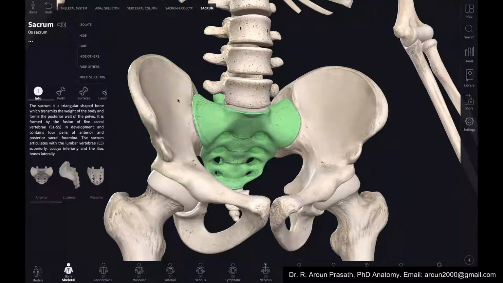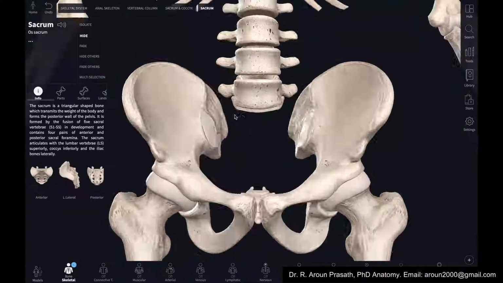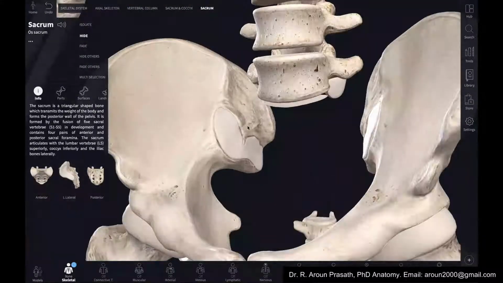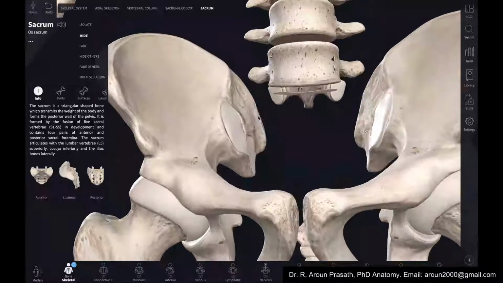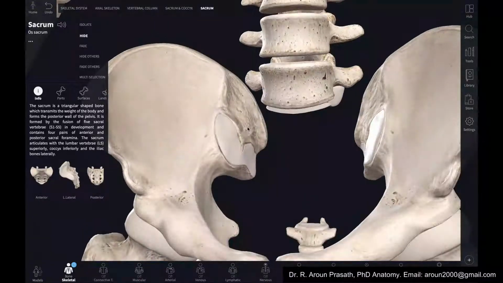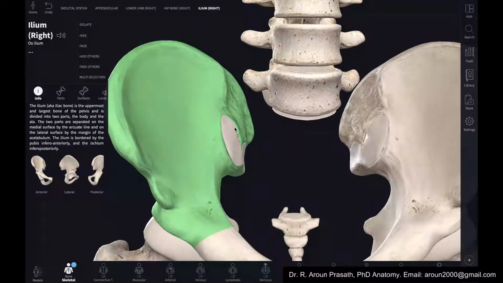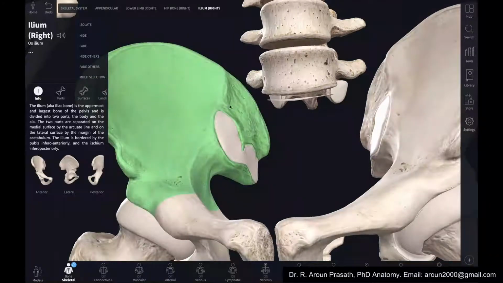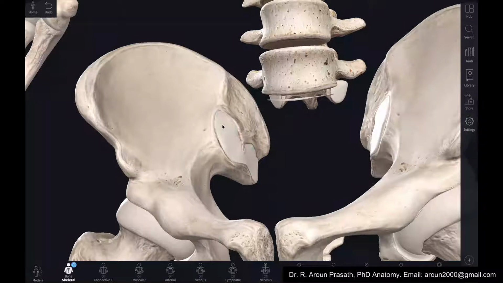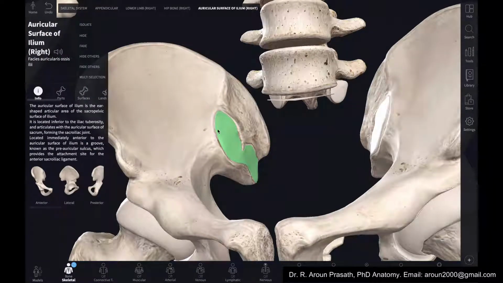If you look at the articulating surface in the ilium, why I said this joint is special is because it is partly cartilaginous and partly synovial. This is the cartilaginous part of the sacroiliac joint and this is the synovial part.